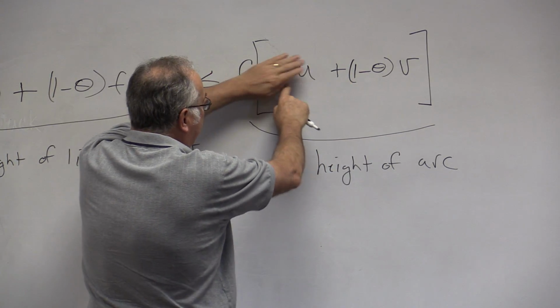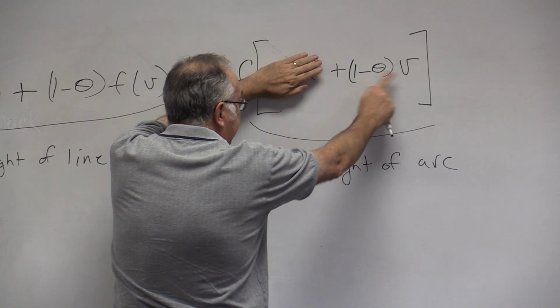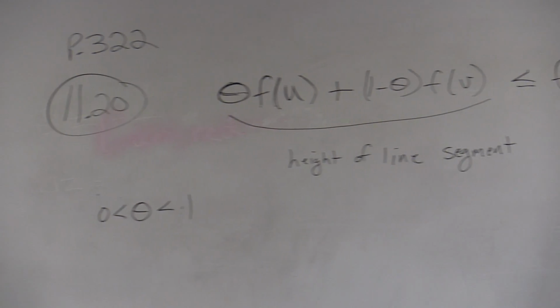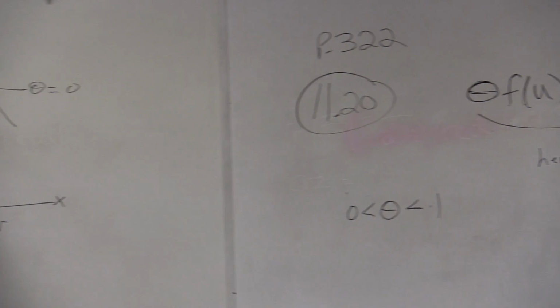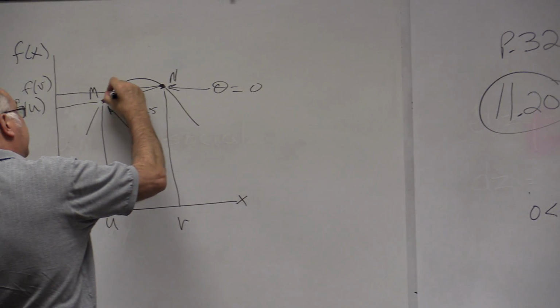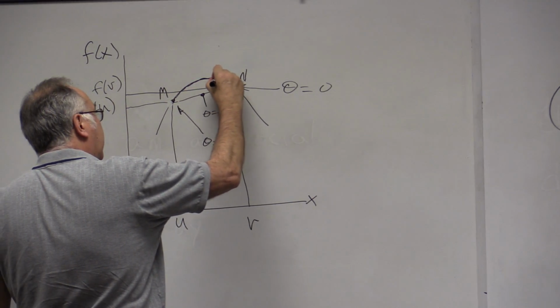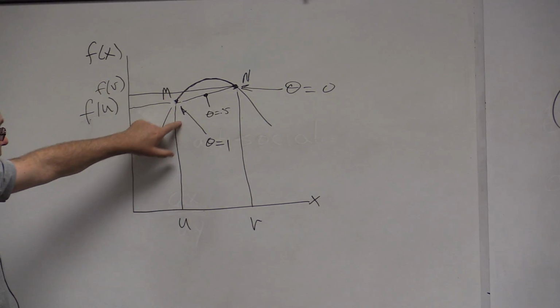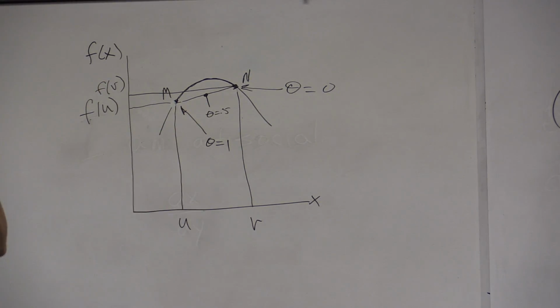But if theta equals 0, this term drops out, and this just becomes f of v. So this is just measuring the arc of the function itself as theta goes from 1 to 0.